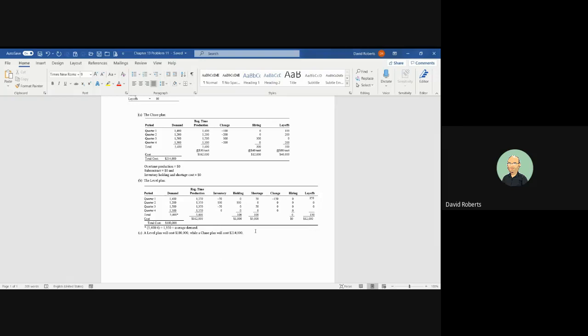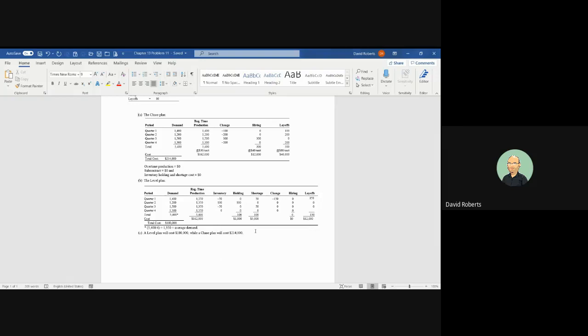So in this case, we have 100 units we have to pay for holding costs at $10 a unit. We have a shortage of 100 units also, but they're $50 a unit, so 5 times as much. Hiring, we didn't hire anybody. In fact, we laid people off, and the layoff costs were $80. So you would multiply that times the 150, and you wind up with 12,000.